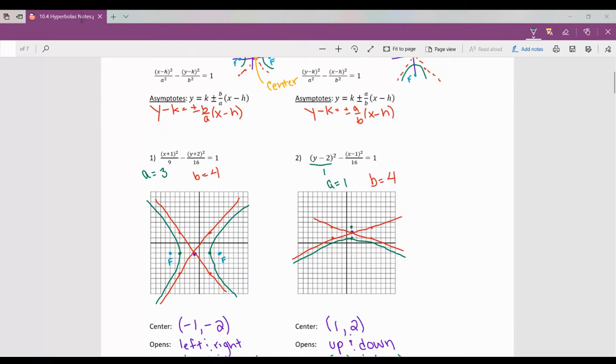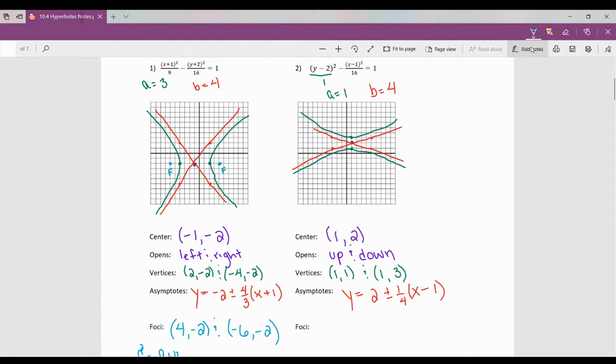I don't really like the way that looks. Let me draw that one again. We're going to approach the asymptote. This problem is causing many issues for me. All right, so there we go. That is my hyperbola.